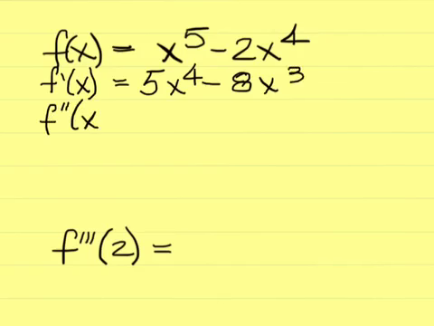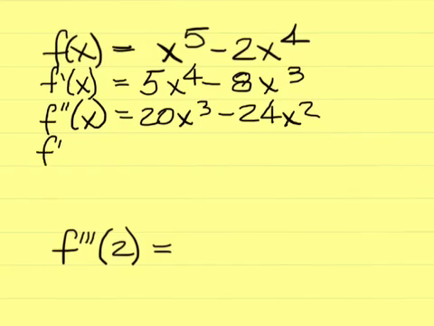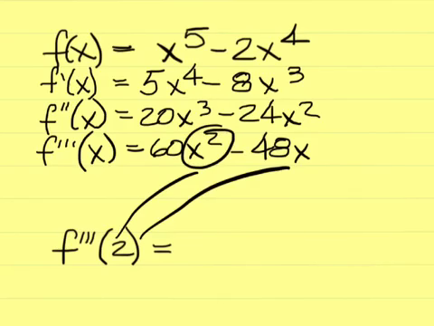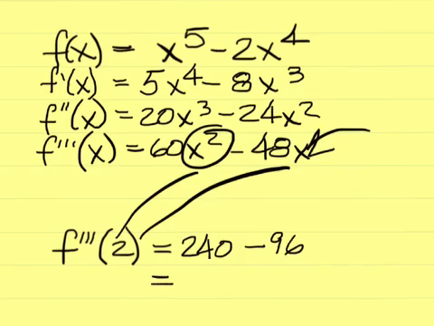The second derivative will be 20x to the 3rd minus 24x squared, and then the third derivative is going to be 60x squared minus 48x. If you plug in 2 for those, 2 squared is 4 times 60 is 240, and then minus 2, put a 2 in here and get back 96. So the answer should be 144.